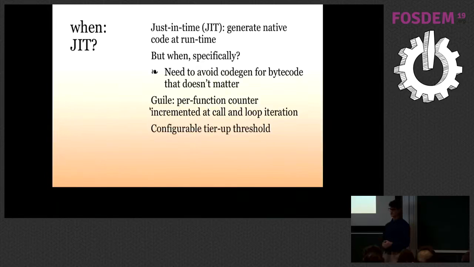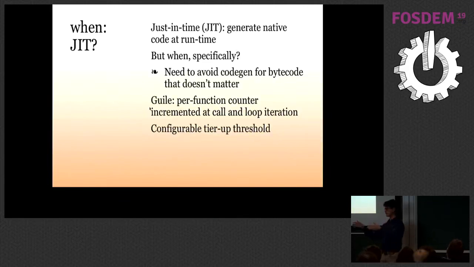And I want to keep things in the 10 millisecond, 15 millisecond range. And a lot of Guile is written in itself also. This is a fundamental bit of this that doesn't apply to a lot of other language implementations, like JavaScript implementations, for example. So what we have is a counter associated with each function. The function is the unit for which we emit bytecode.